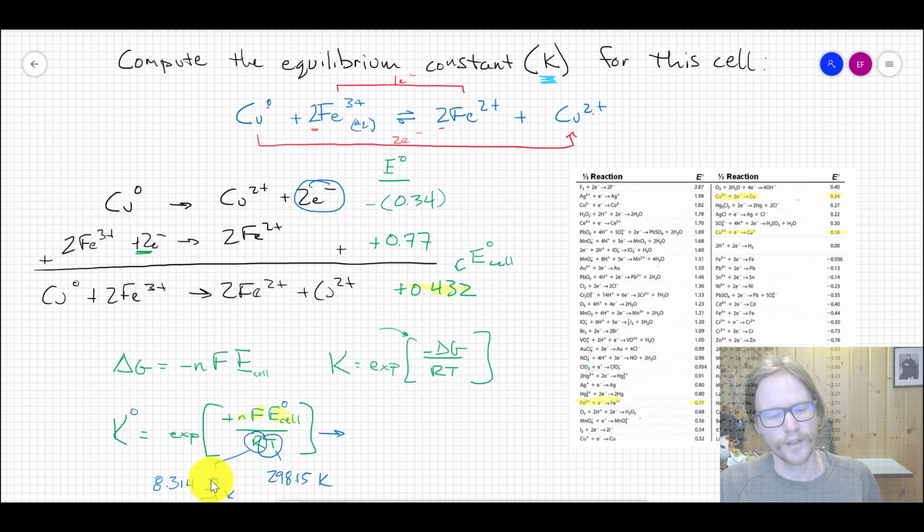So if you plug all those values in, what you're going to get out of this is a value that's roughly 4 times 10 to the 14, which tells you that this equilibrium lies extremely product side, and that this is of course spontaneous because of this massively positive K. So this relates us back to what we know as chemists. We're thinking about the difference between E naught cell for a reaction versus a half reaction, and how that relates to delta G.